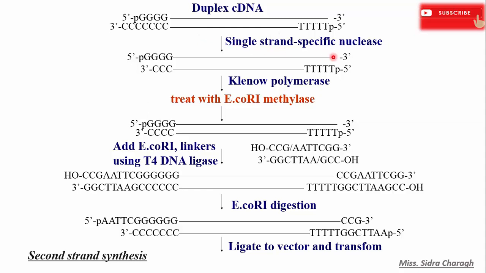Single strand specific nuclease enzyme comes and removes the protruding 3' end, and then polymerase enzyme comes and fills in the 3' end. Next, we add EcoR1 enzyme and linkers and T4 DNA ligase. T4 DNA ligase enzyme adds linkers to the duplex cDNA, and then we perform EcoR1 restriction enzyme digestion and then ligate this cDNA to the vector and then transform to the desired host cell.